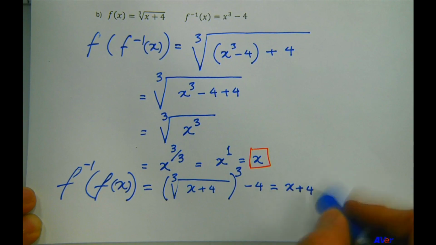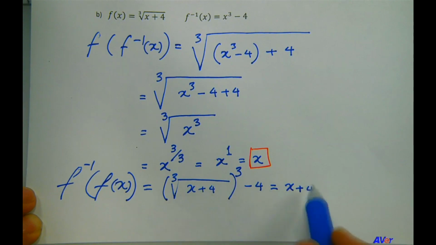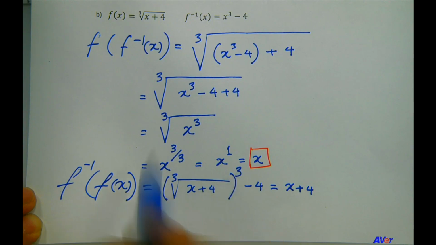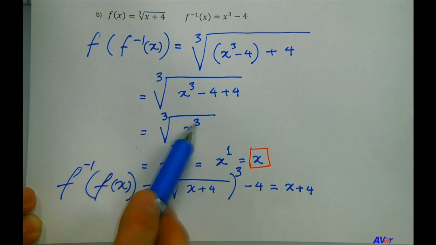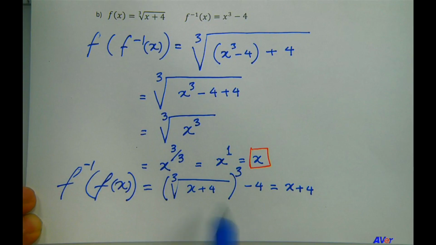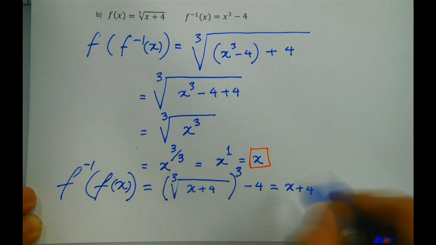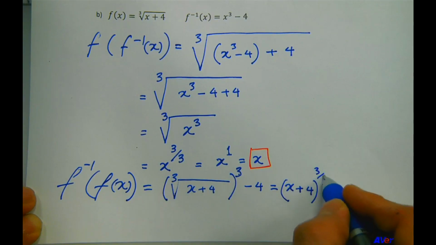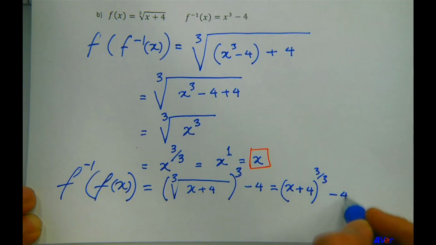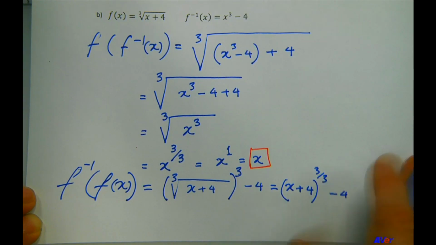Or if you want, I can rewrite it as a rational exponent. As I said earlier, any radical expression can be written as an expression with a rational exponent. So x plus 4 to the third power, and this is the third root, so we can write this as 3 divided by 3, and then minus 4. But 3 divided by 3 is 1, right?